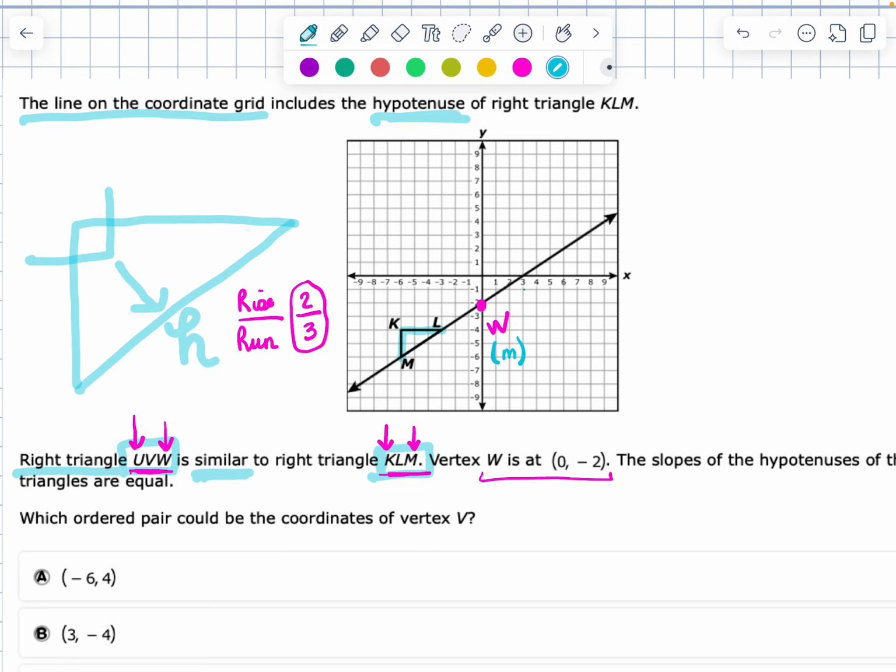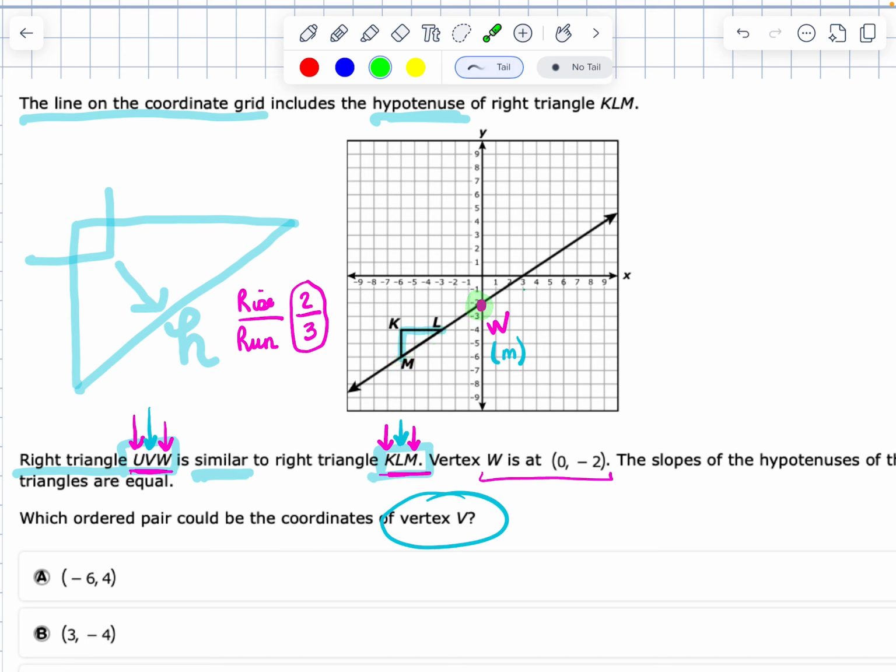And then they want to know which ordered pair could be the vertex V. And that V is related to L, which is the other point on the hypotenuse. So L is going to be on that line. Well, look at this.